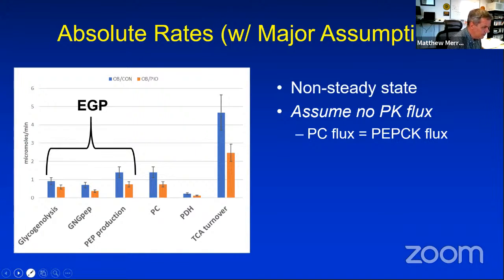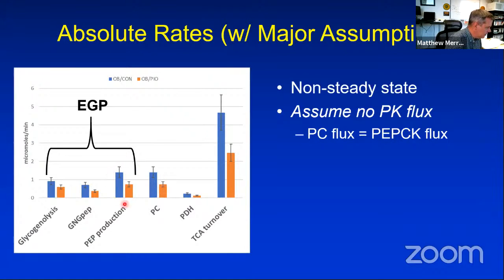However, if we assume that there's no PK flux, then we can say that PC flux must be equal to PepCK flux. You know, if we're going to make glucose, it's because of pyruvate carboxylation. And so that's where we draw this PEP production equivalence to PC.